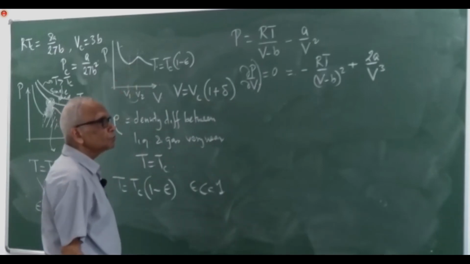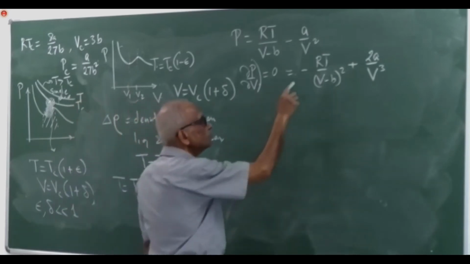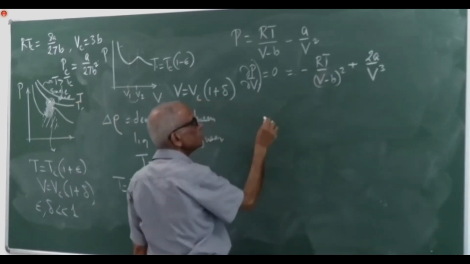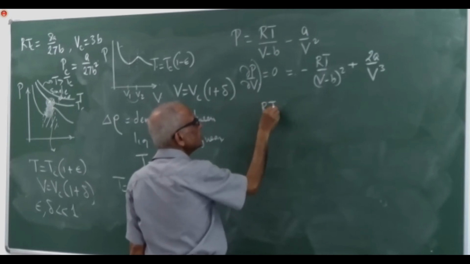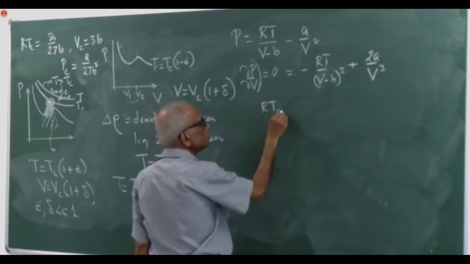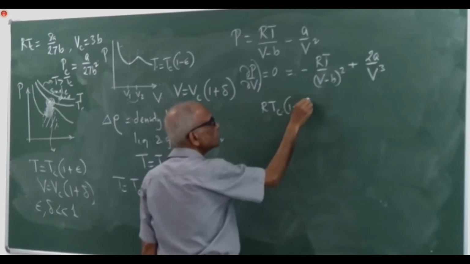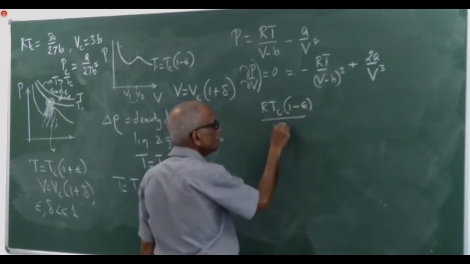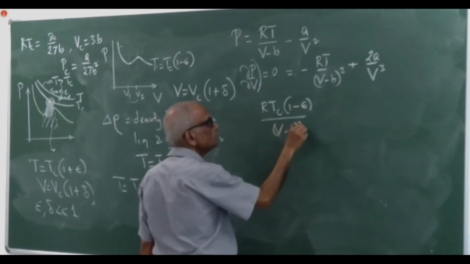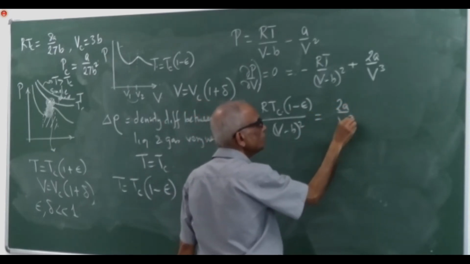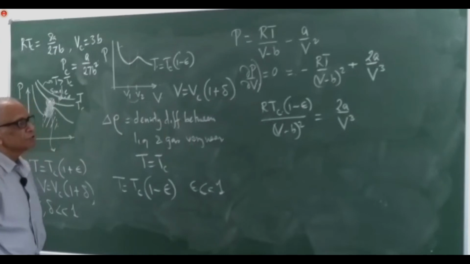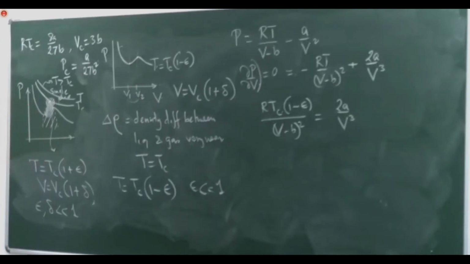So I'm going to solve it given that T is equal to, so I'm looking at RT into 1 minus epsilon divided by V minus B squared is equal to 2A over V cubed. So that is what I have to do.